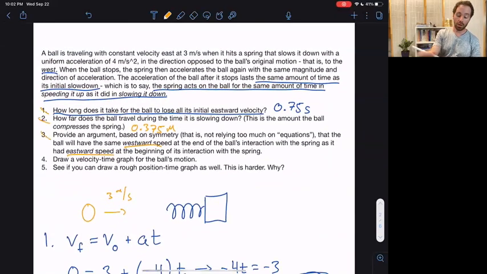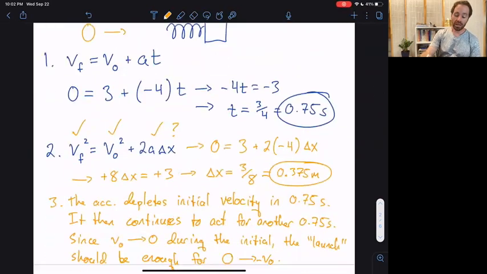1, 2, 3. Now draw a velocity time graph for the ball's motion. For the ball's motion, we'll have some sort of initial time that it's traveling with constant velocity. It will then hit the spring, and then it will get slowed down and launched back in the opposite direction.